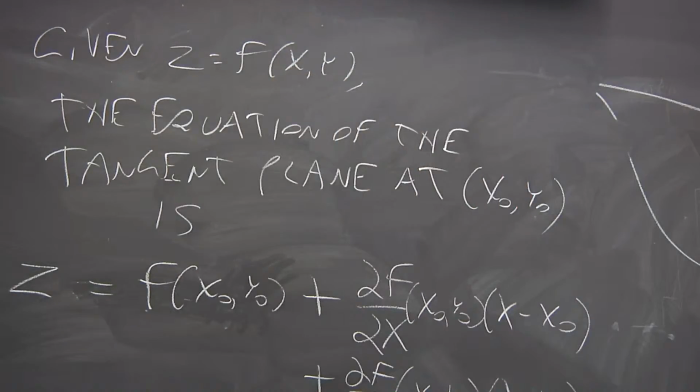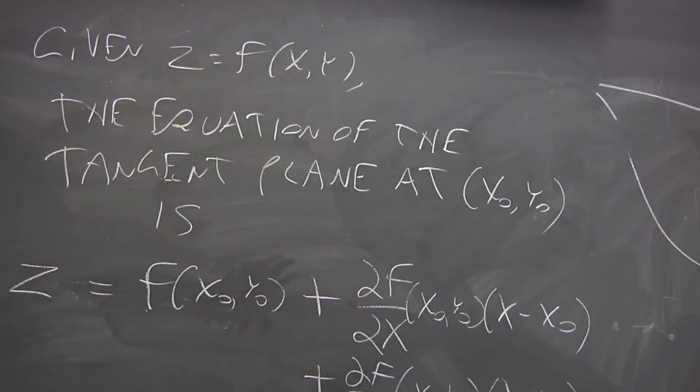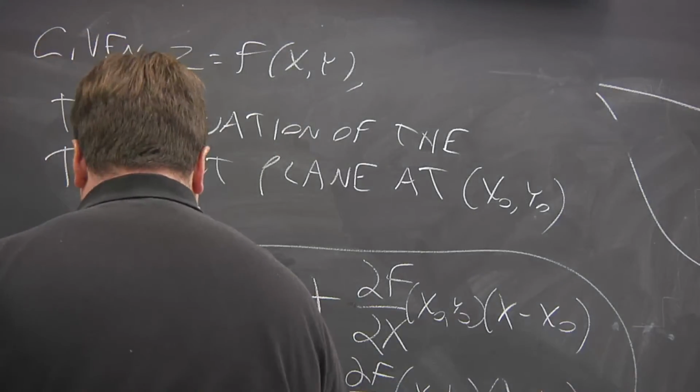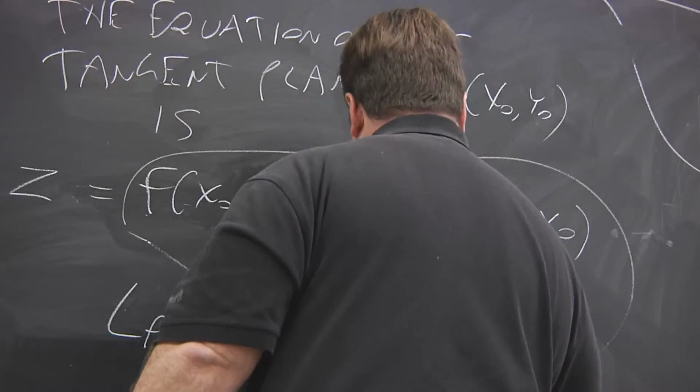So we're just accounting for changes in both variables, multiplying those changes by the appropriate partial derivatives. It's important to see how this equation for a tangent plane relates to the equation of a tangent line. You have a function value plus derivative times change in variable. It's just that now you have two of them. And this right here is L f of x y, the linearization of f at x naught, y naught.